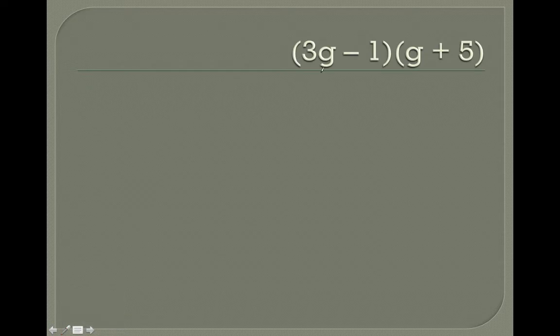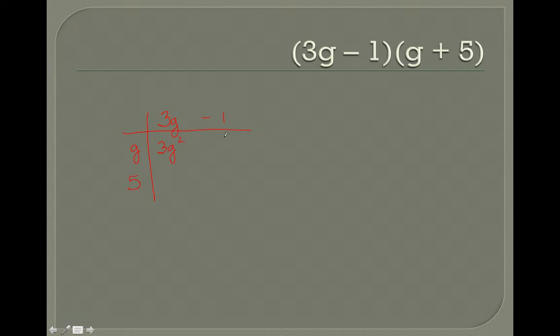So I'm going to take my first binomial, write that along the top, and my second binomial along the side, and I'm going to make that into a box. 3g times g, 3g squared.